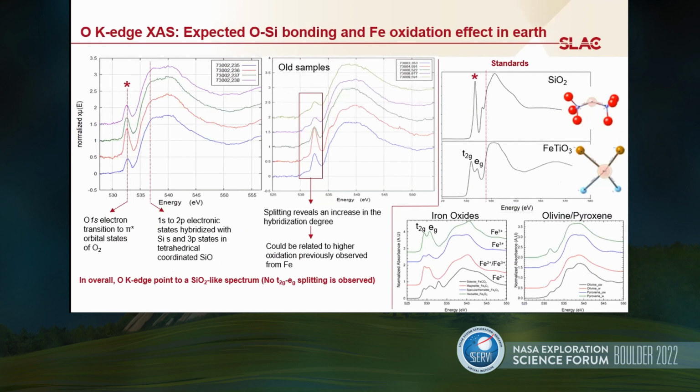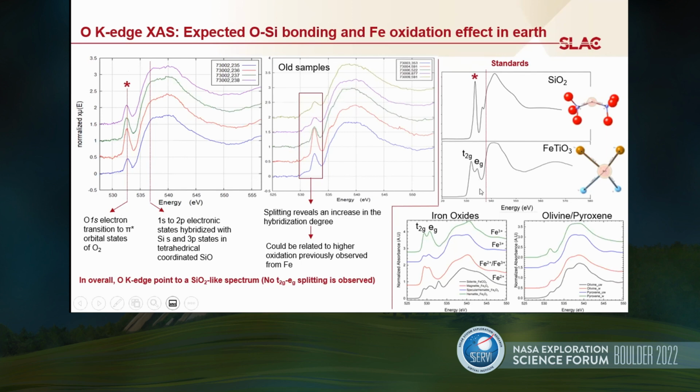So from the oxygen, we also performed this X-ray absorption spectroscopy measurement here at SSRL. There is a huge difference when we compare the new samples with the old ones. This peak here around 533 is very strong in the new samples, and also matches very well with the quartz structure.